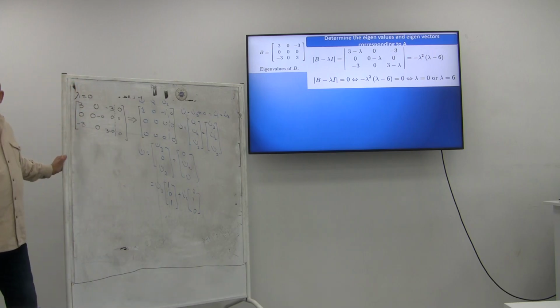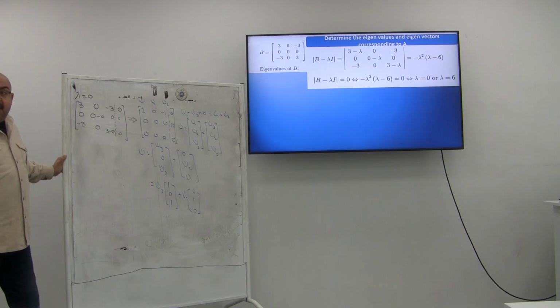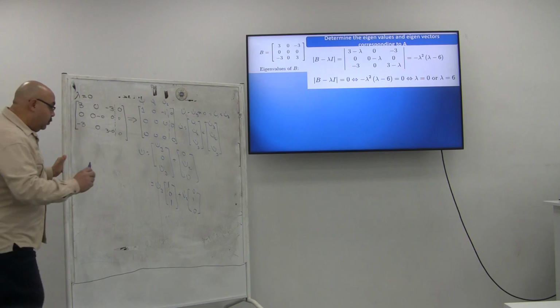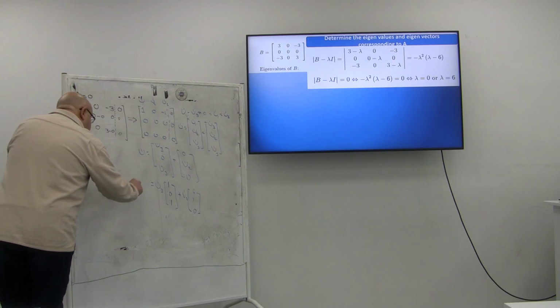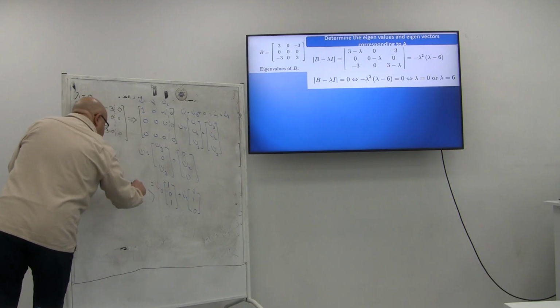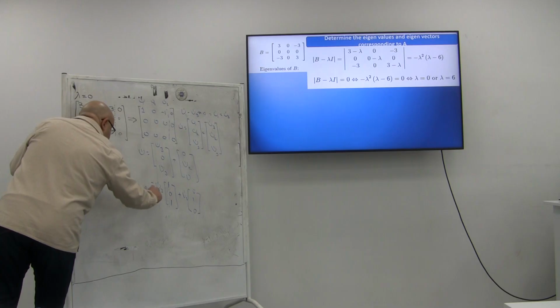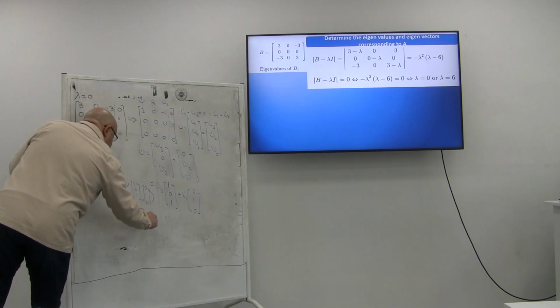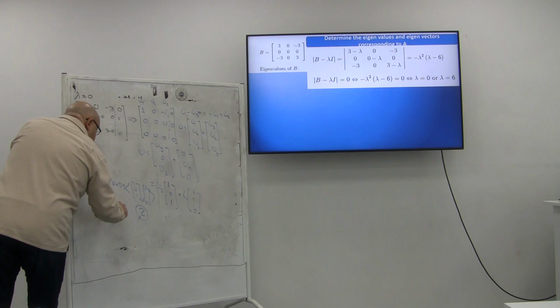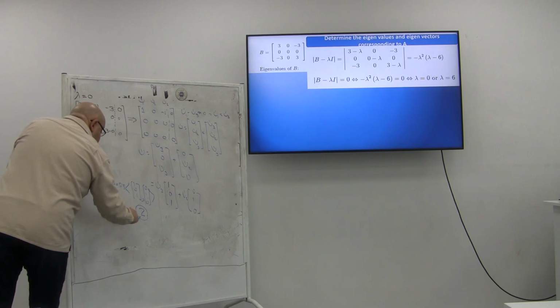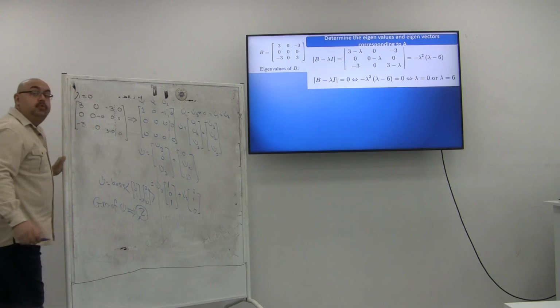So I can now find the basis of the eigenspace of the first eigenvalue, which means that the basis of this vector space is 1, 0, 1 with the vector 0, 1, and 0. How many vectors? 2. Which means the geometric multiplicity is equal to 2.